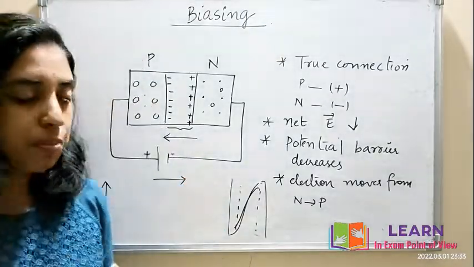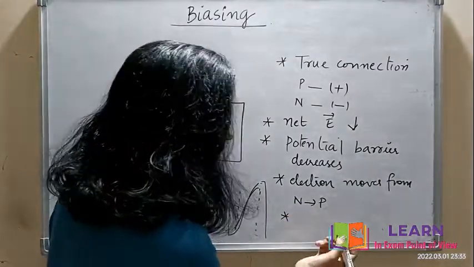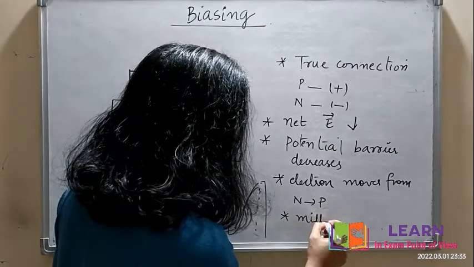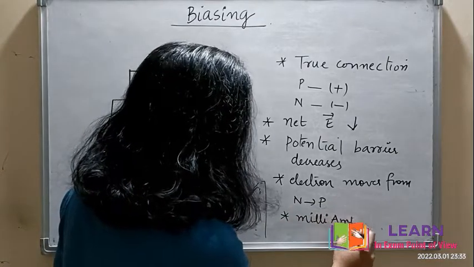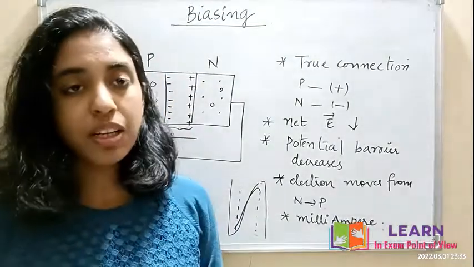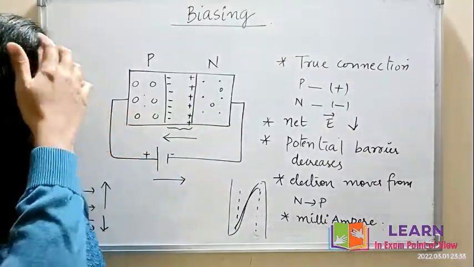So it will produce a current which we denote in milliamperes. It will be in milliamperes, the current produced due to this forward biasing. Okay, fine.